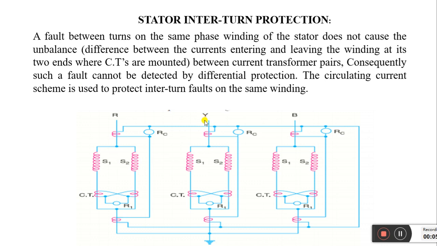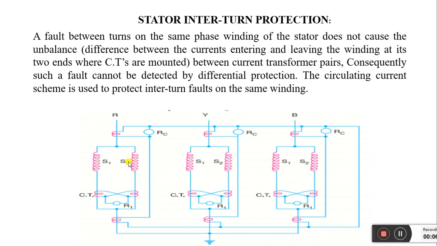Similarly, in the Y phase there are two turns, S1 and S2, and in the B phase also S1 and S2. Now this is a current transformer, and across this current transformer one relay coil RC is connected. In all the phases around this current transformer, one relay RC is connected.